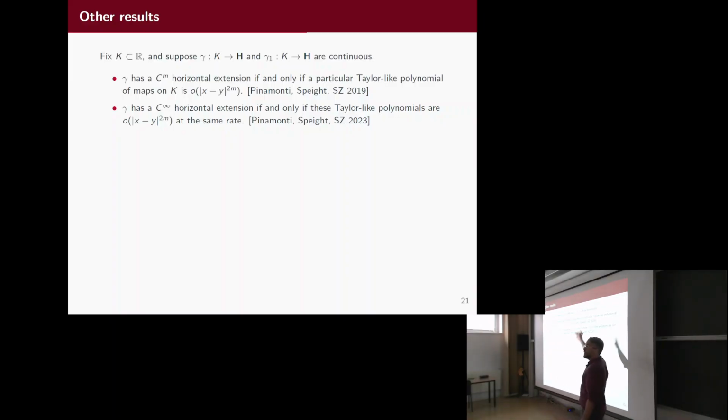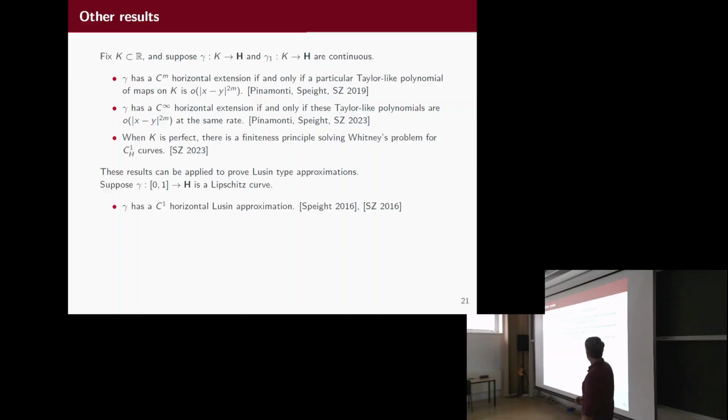We can do a C infinity with horizontal smooth extensions if you refer to these Taylor-like polynomials. There's a finiteness principle. If you're familiar with the work of Charles Fefferman on the classical Whitney extension problem, you'll know what that means. If not, that's okay.